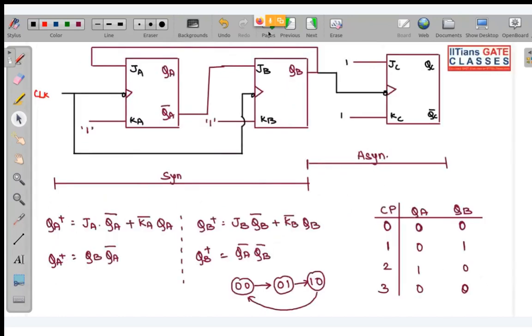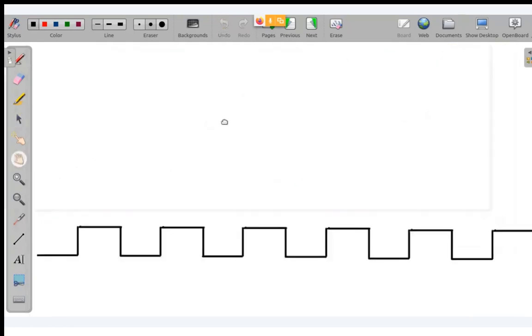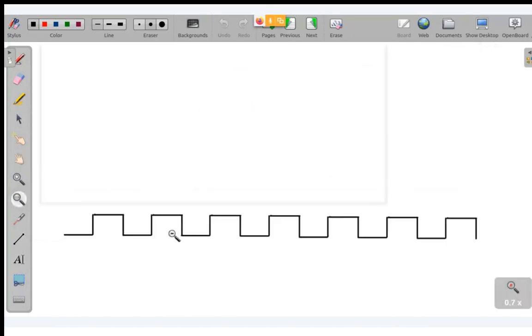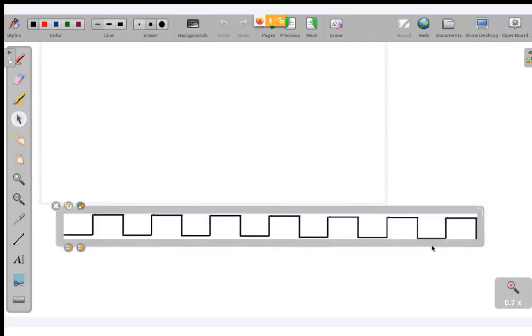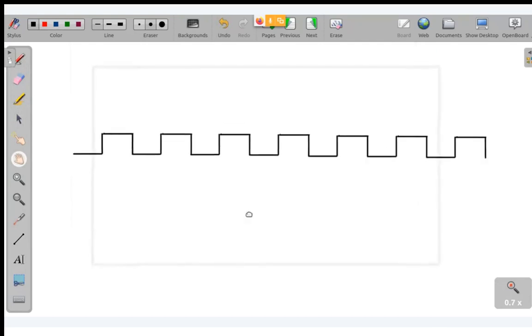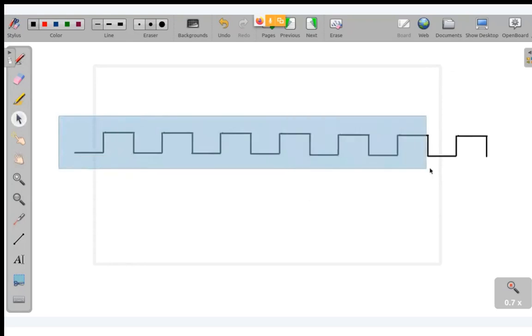Okay, I guess you might have copied it. I guess this will not fit in the page. Fine, it's okay.